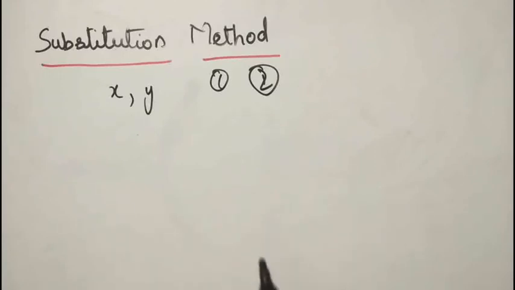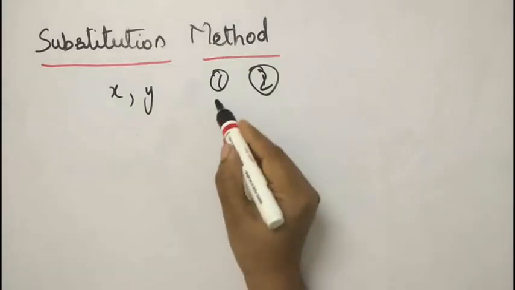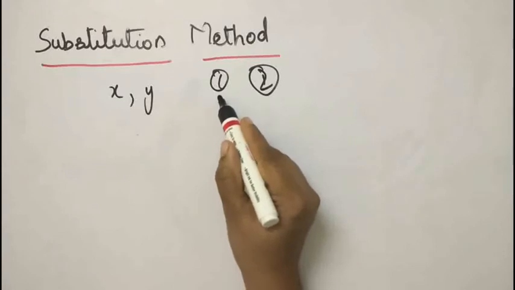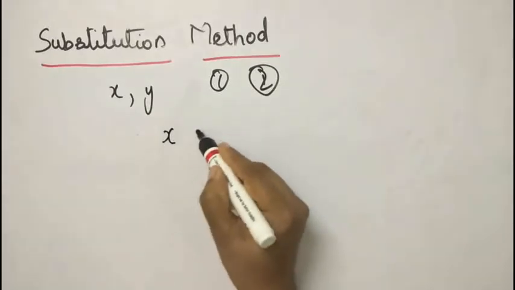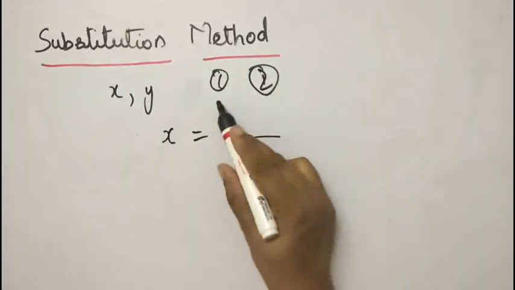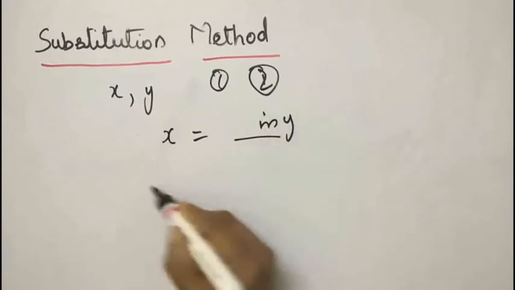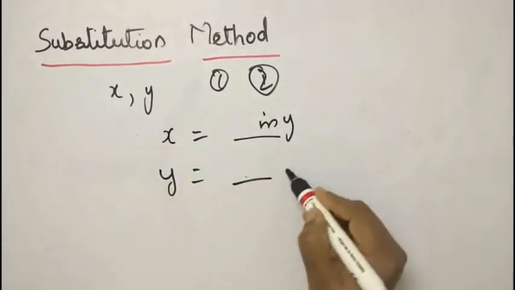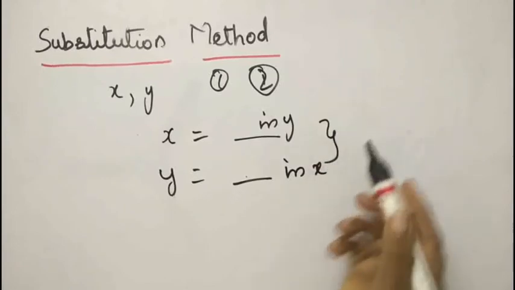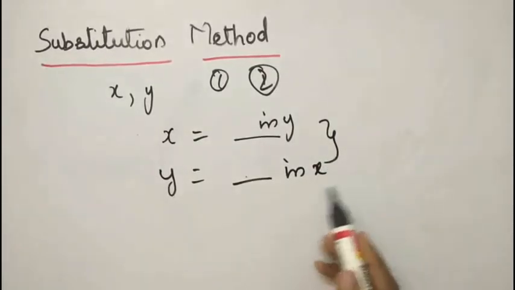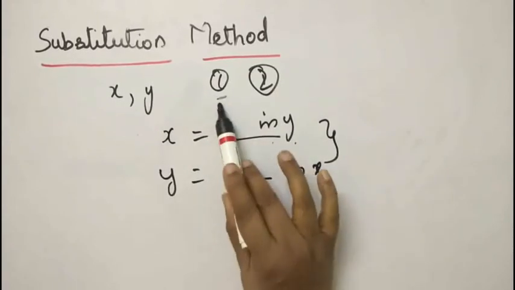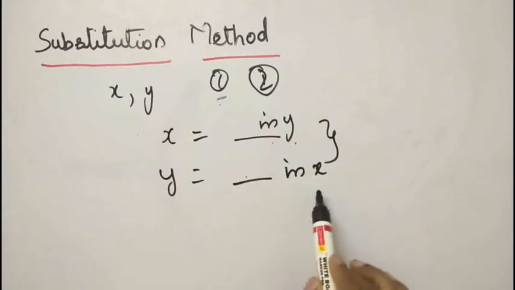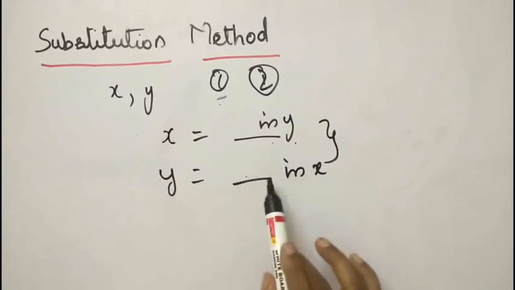Suppose you are selecting equation 1, and you feel this is convenient, then write this equation such that either x is equal to an algebraic expression in y, or y is equal to an expression in x. In two ways you can write it. Either you can do anything.